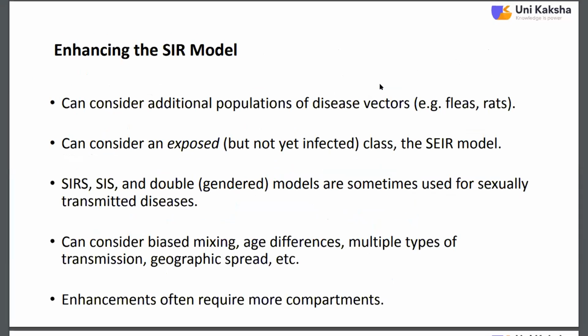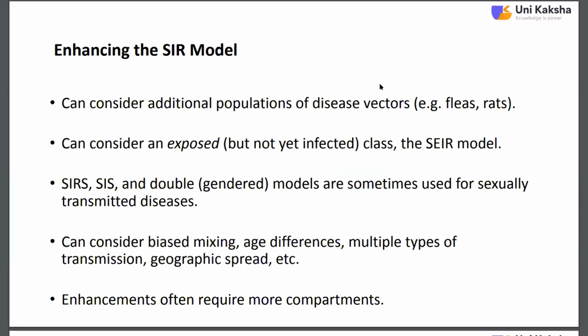Okay, so this SIR model can be enhanced by using different parameters. Okay, we can consider different parameters in that. SIRS, SIS, and double models are sometimes used for sexually transmitted diseases.